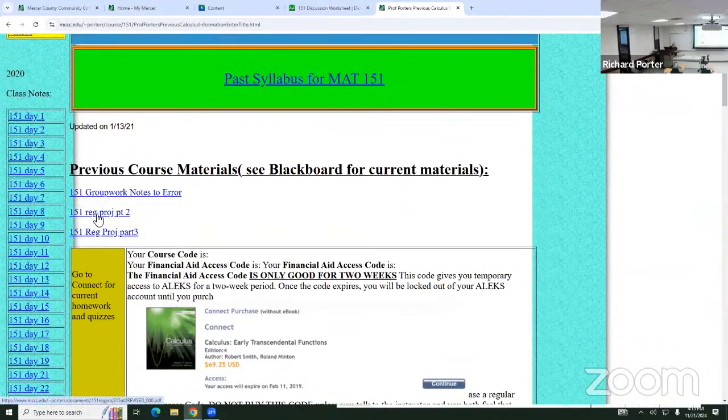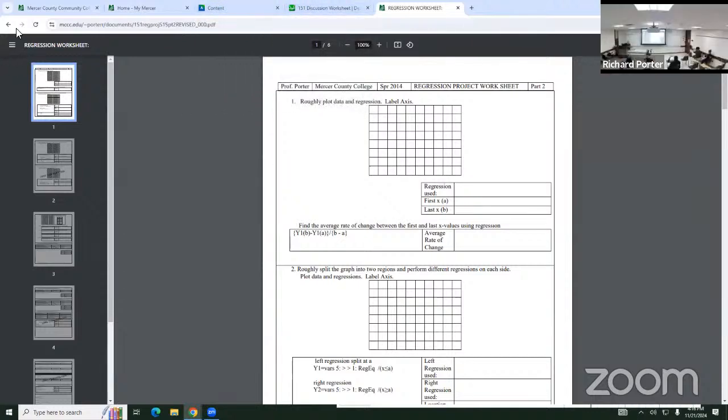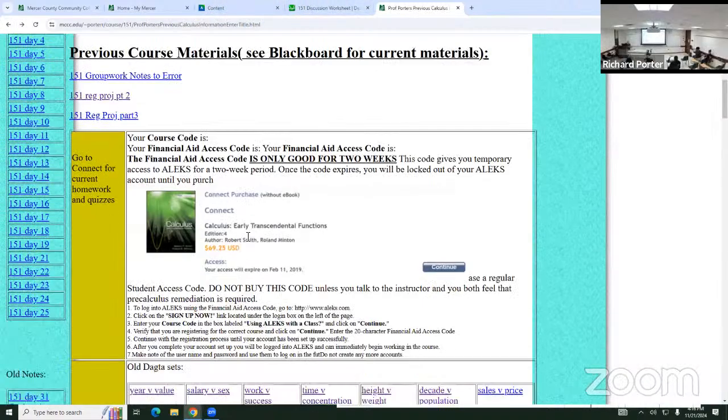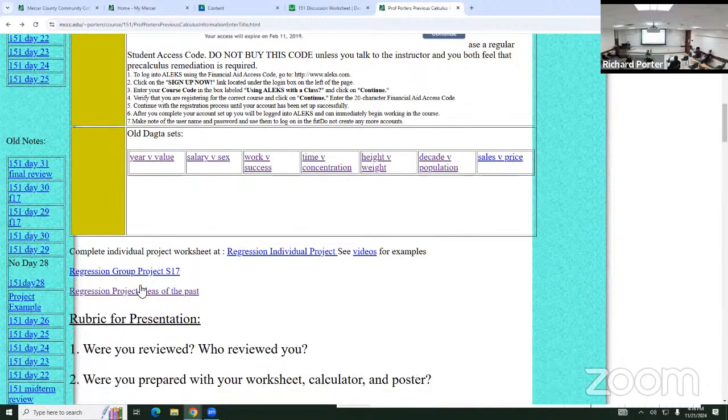Regular project part 2. No, that's not it. This is an old form. That's why I don't want you there, because I don't want you looking at these old forms. Do not submit an old form. Regression project 2017, best ideas of the past. That's what you want. And just a list.